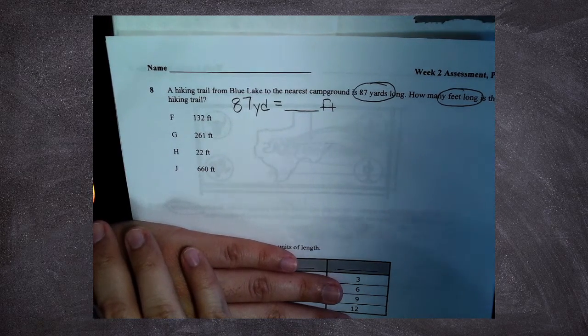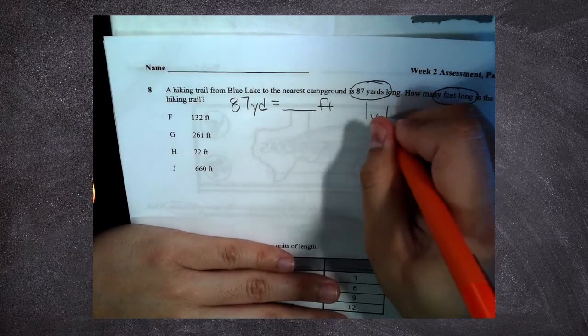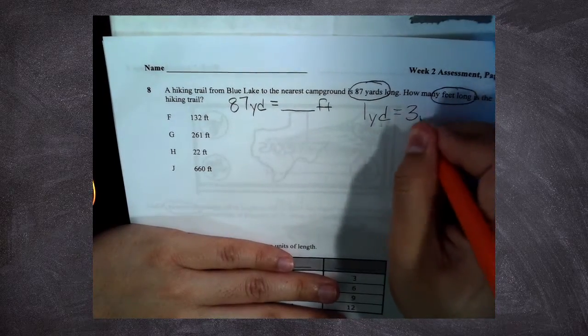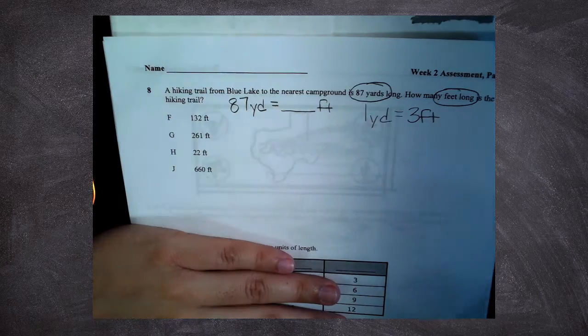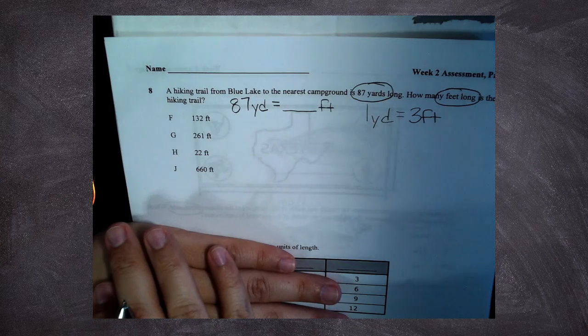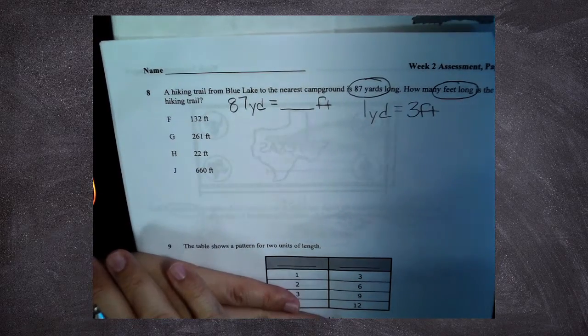Well, we know how to change from feet to inches, but this one isn't feet to inches anymore. This is yards to feet, which is a little different. 1 yard is equal to 3 feet. And thankfully, we saw that earlier in the test, so they can kind of remind. 1 yard is the same as 3 feet. Let's figure this out. I'm going to do the same thing I did for problem 7.